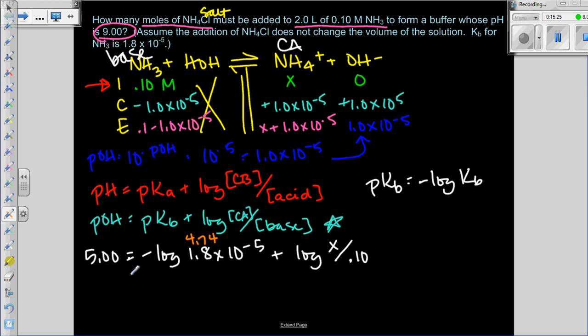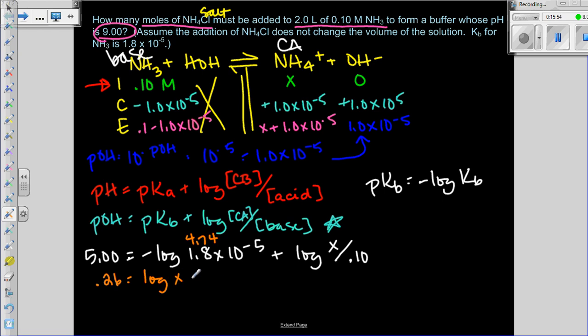So I want to go ahead and move this over here. So if I do 5 minus 4.74, I get 0.26. That will equal the log of x over 0.10. Okay, so now when you are dividing logarithms, they are subtracted.